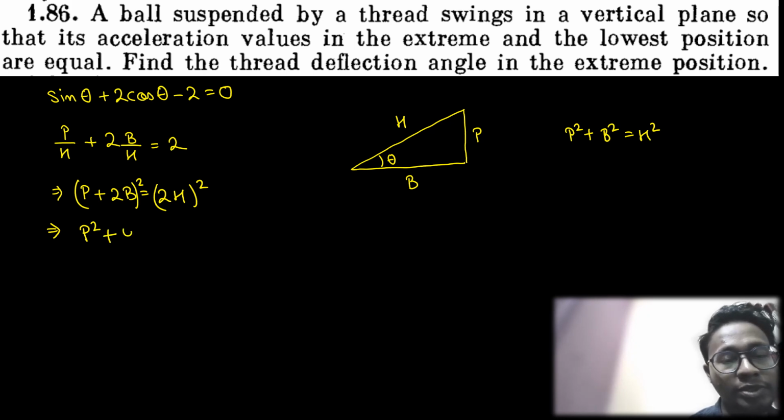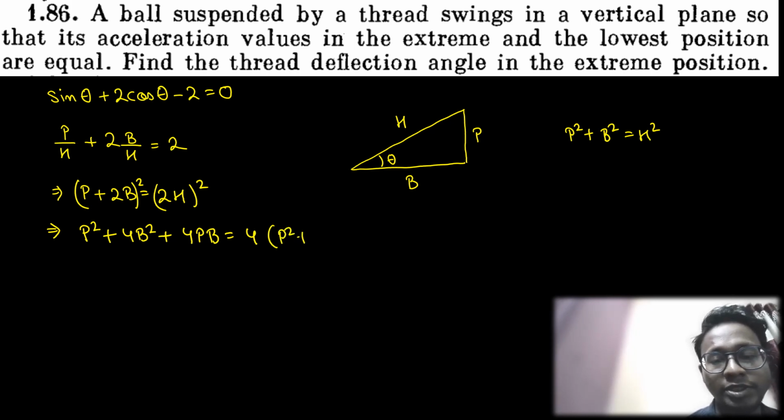or p squared plus 4b squared plus 2 into 2b into p, that is 4pb, is equal to 4h squared. h squared can also be written as p squared plus b squared, so 4 into (p squared plus b squared).